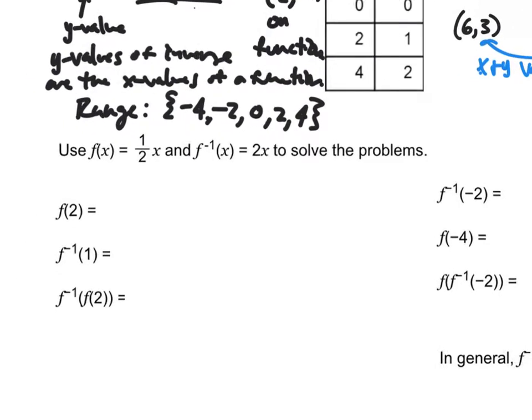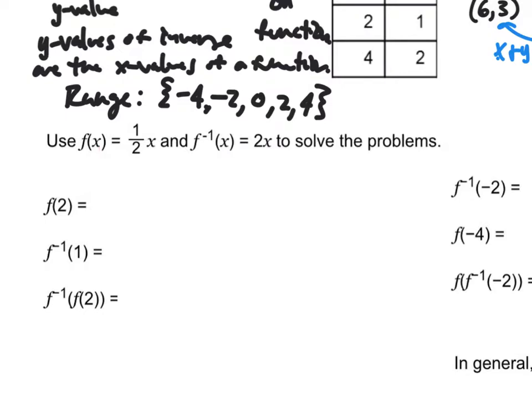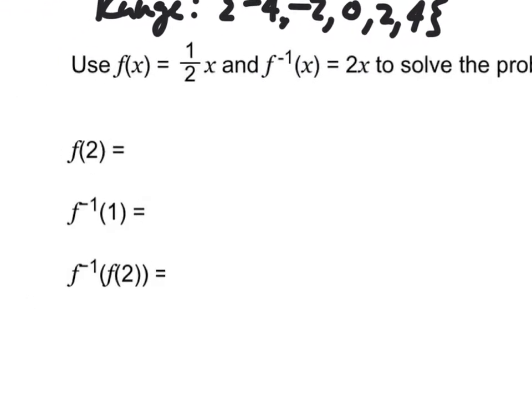So if I have a function f of x is equal to 1/2 x, and f inverse of x is equal to 2x, to solve the problems, what I want to do is find f of 2, so let me just plug that value into my function. That's going to give me 1/2 times 2, and half of 2 is just going to give me a value of 1.